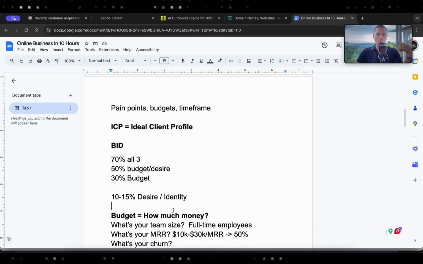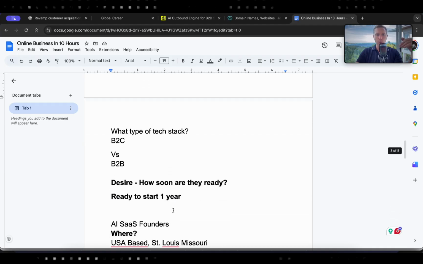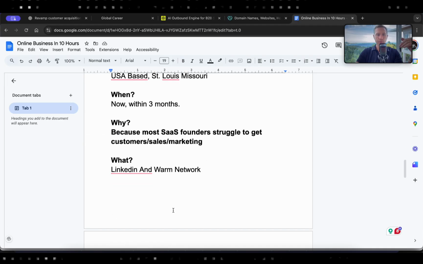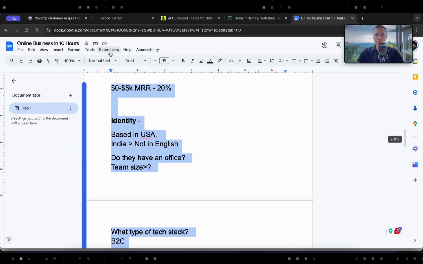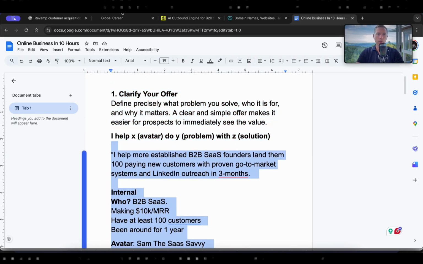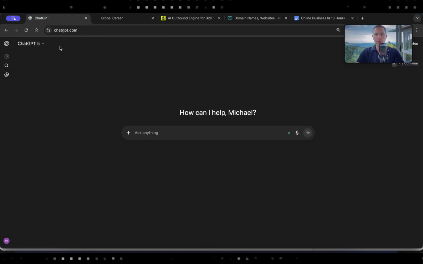And so once you have all this figured out, what I suggest doing is we'll basically just go ahead and put this into ChatGPT. If you don't have ChatGPT, again, it's free to use. Just another example of probably the most powerful software out there that you can use for free.